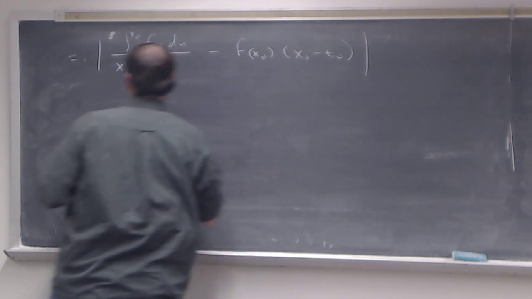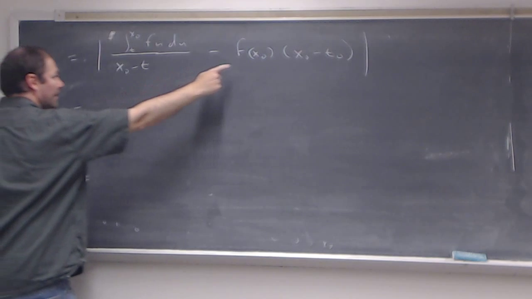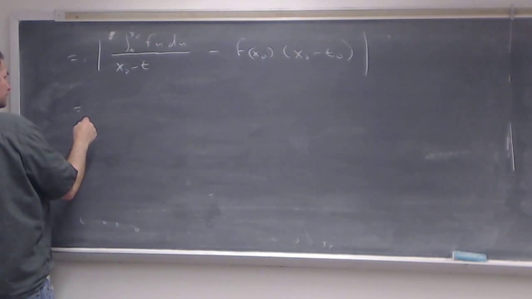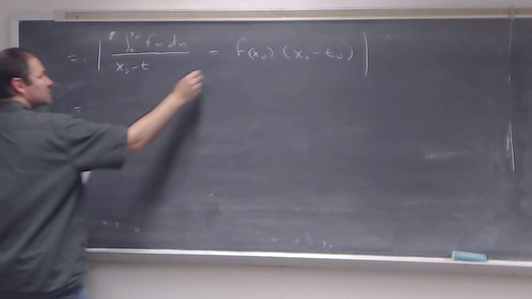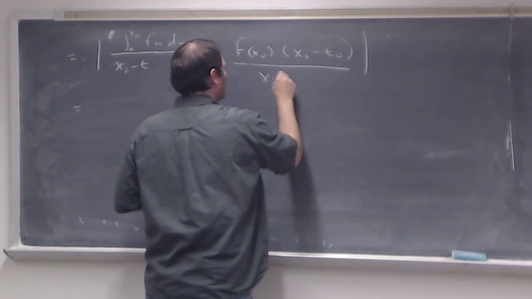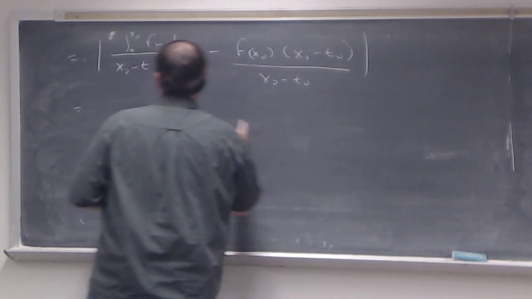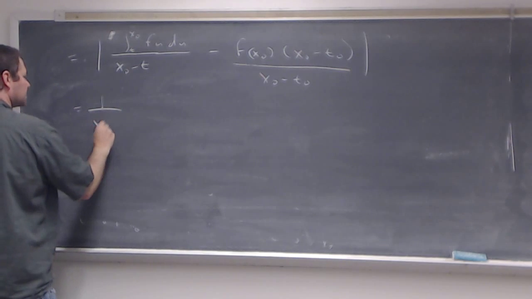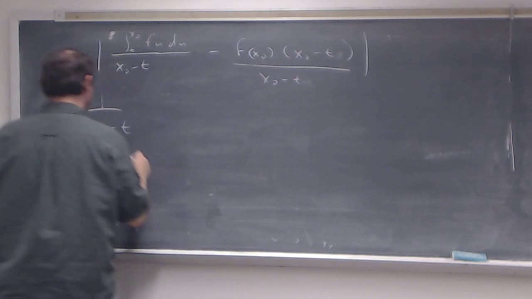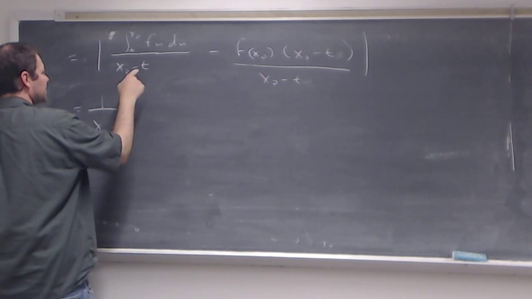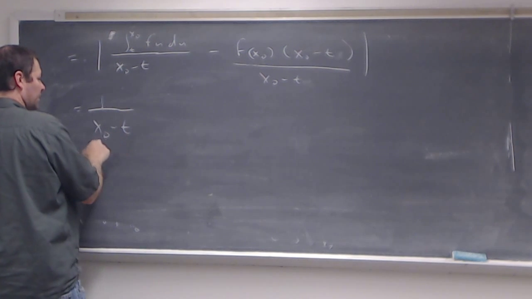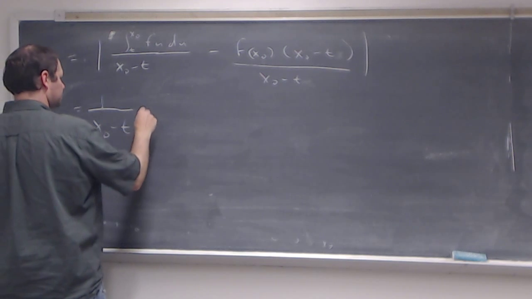Again, using the same logic we did before about this really equaling an integral, I pull out the 1 over x₀ − t, and the absolute value of this part is itself because x₀ is bigger than t.